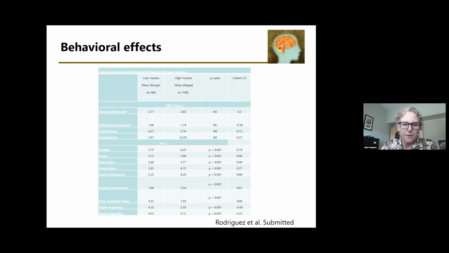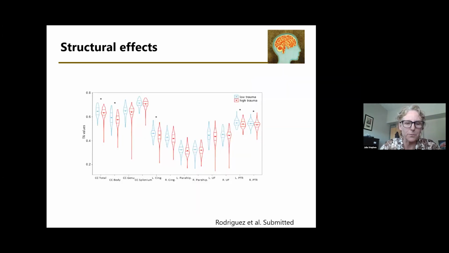Anxiety, anger, depression, dissociation were all quite different between the low trauma and the high trauma group, if we did a median split on the number of traumas they were exposed to. And from this original region of interest analysis, we found that there were 5 regions that were significantly different. And in all cases, the fractional anisotropy values were lower in the individuals with high trauma exposure.